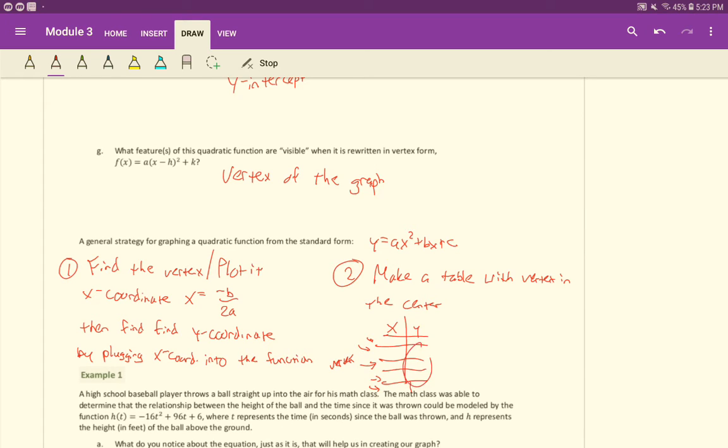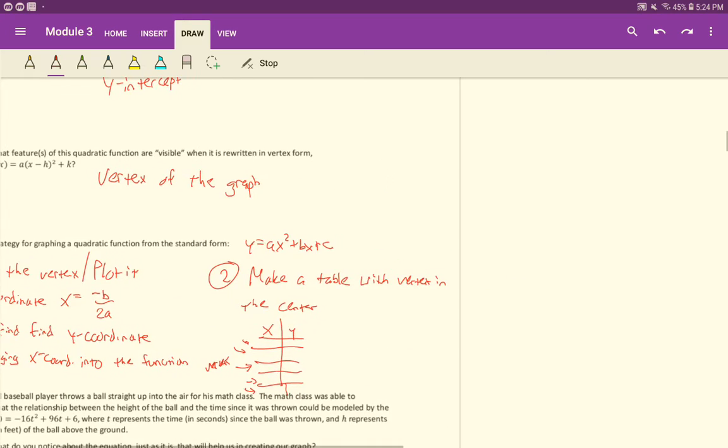Plug those x values in, find the matching y values. You can use your graphing calculator to help you with all those little calculations. And then you can plot those points from the table.